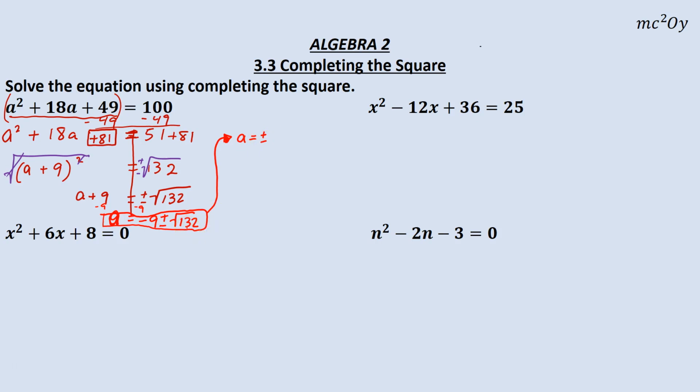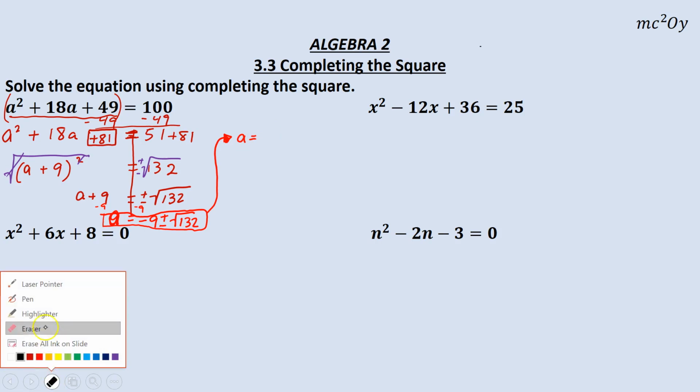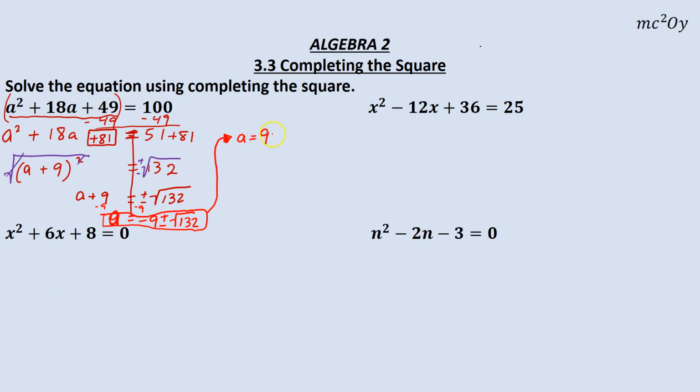I can cut it in half twice. Half of 132 is 66, and then I can cut that in half, which gives me 33. So that means I'd have, oops, I forgot my 9 there. So I'd have my 9 plus minus root 4 times root 33.